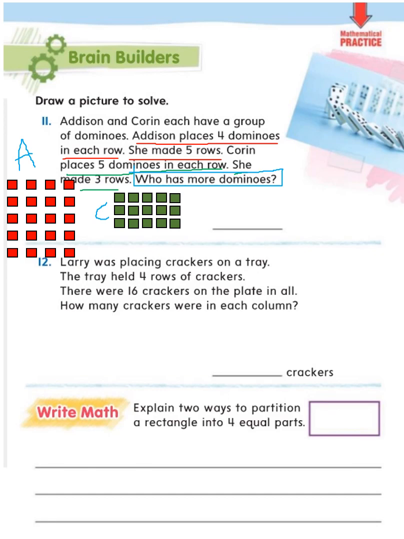Or you can draw 3 horizontal lines. 1, 2, 3. And I know these are not very nice lines. And you have 1 part, 2 parts, 3 parts, 4 parts. So you can draw 3 horizontal or vertical lines.